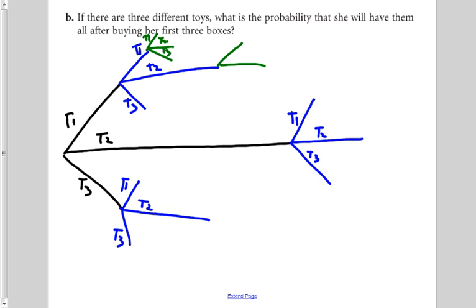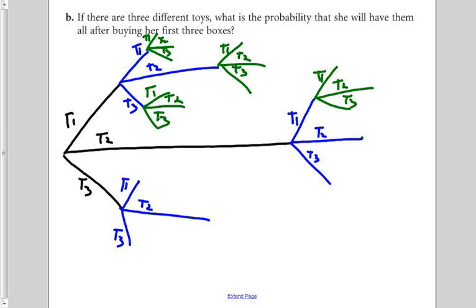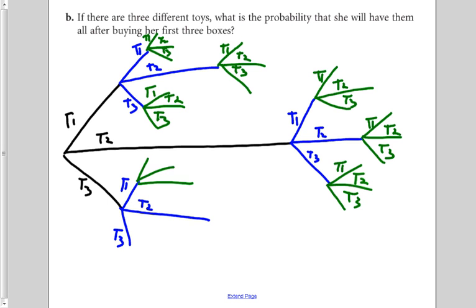I could get a toy 1, toy 2, or toy 3. So there's every possible outcome.